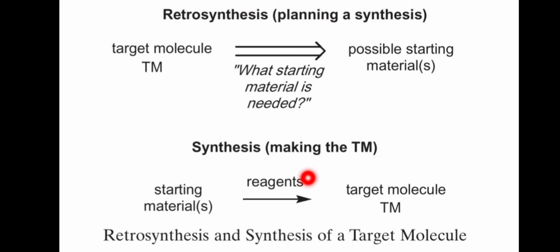For making the target molecule, you start with the starting material, use some suitable reagents, and you do something called FGI, that we'll see in the next slide, that is called functional group interconversion. And by using some reagent you will get the target molecule or TM.